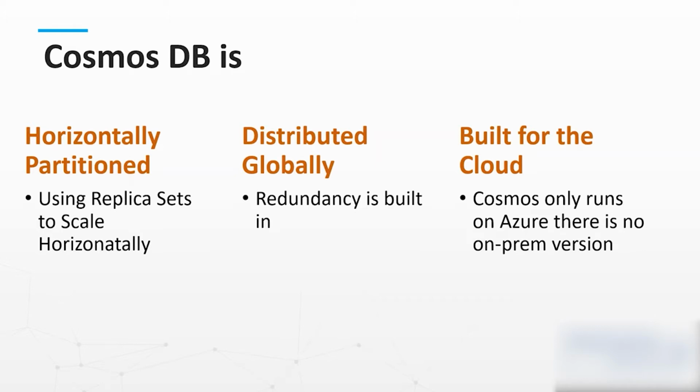I find this interesting: Cosmos only runs on Azure. There's no on-prem version. If you look at other NoSQL databases, they started out as, maybe, a single MongoDB database, and it has gone the other way, where now people want to use that in the cloud, so they have a cloud offering where you can run Mongo in the cloud.